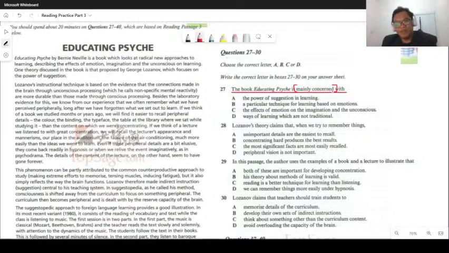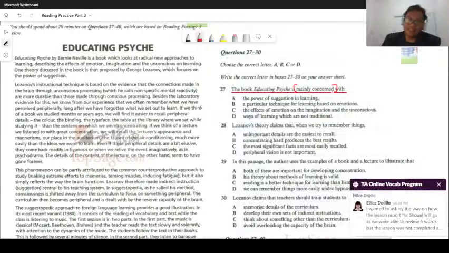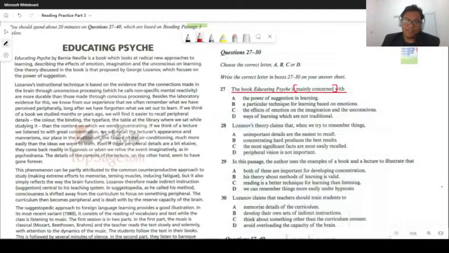So this is the main topic, so usually the first paragraph will indicate it, but it's not necessarily going to be in the first sentence. If you're lucky, it might be in the first sentence. But how do you check? So let's have a quick read at the paragraph. Educating Psyche by Bernie Neville is a book which looks at radical new approaches to learning, describing the effects of emotion, imagination, and unconscious on learning.